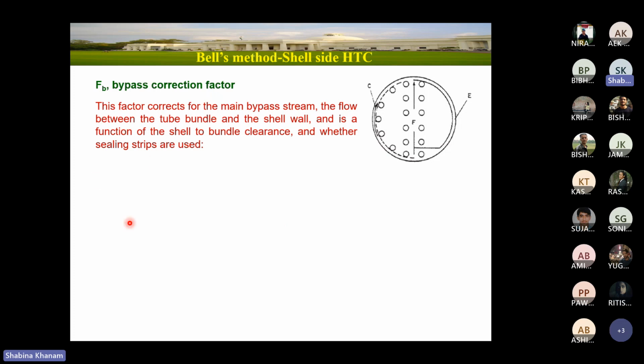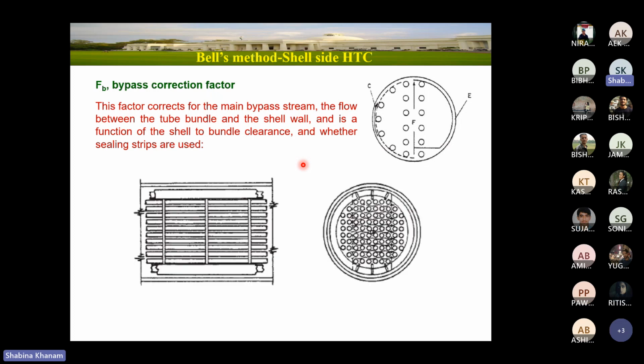So we need to disperse the liquid accumulating in the clearance, and we do that through sealing strips. We will see what the sealing strips are.